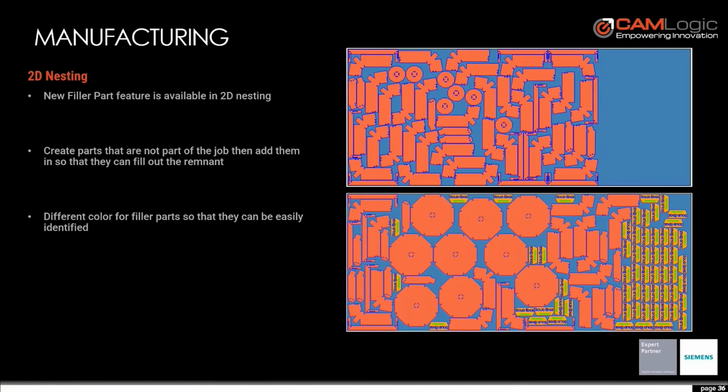Next, in manufacturing, we have a couple of interesting changes, or at least ones that I really liked. The first one is these filler parts. This is within 2D nesting. This is kind of an example. They're not quite the same sheet, but basically you can define parts that aren't really part of the job you were planning to do, and you can add them to fill out what's left of your sheet, or you can have it fill out just the rest of your nest.